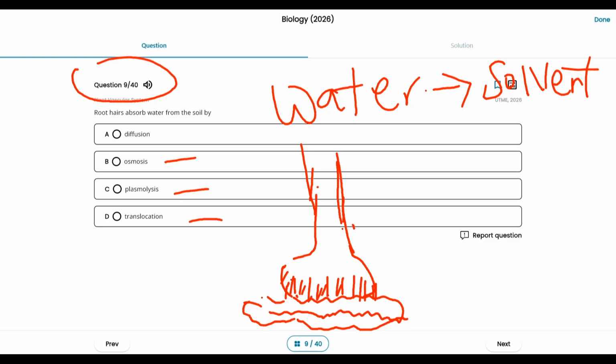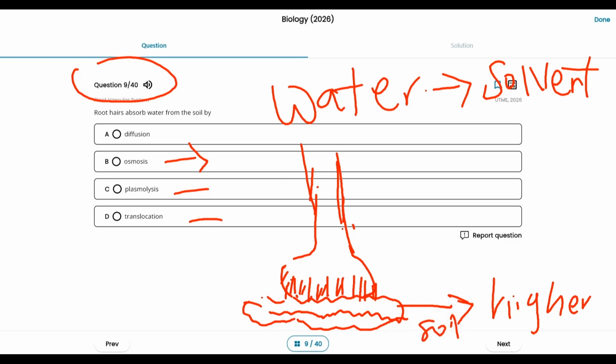Osmosis, let's define osmosis. Osmosis is the movement of water molecule from a region of higher water potential. Can you see? This is higher. From a region of higher water potential to a region of lower water potential. Now, the higher water potential is soil.